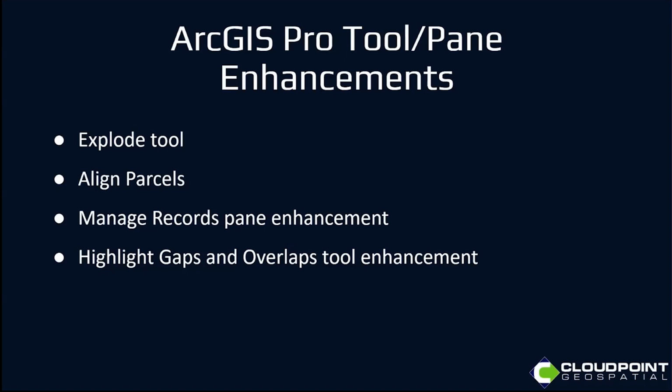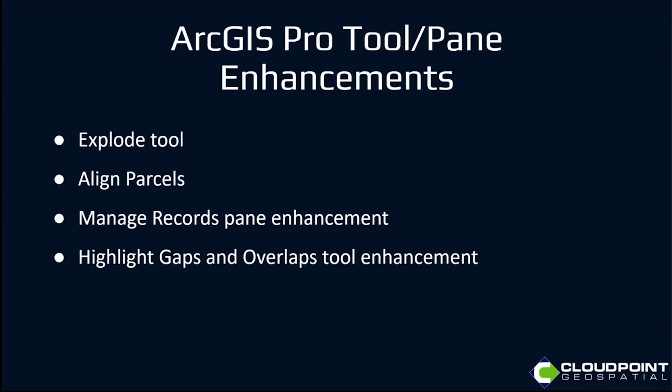In the Manage Records pane, there's an enhancement for displaying fields and for sorting. And you can also have your parcel counts for current and retired parcels that will dynamically display when you zoom and pan on your map.